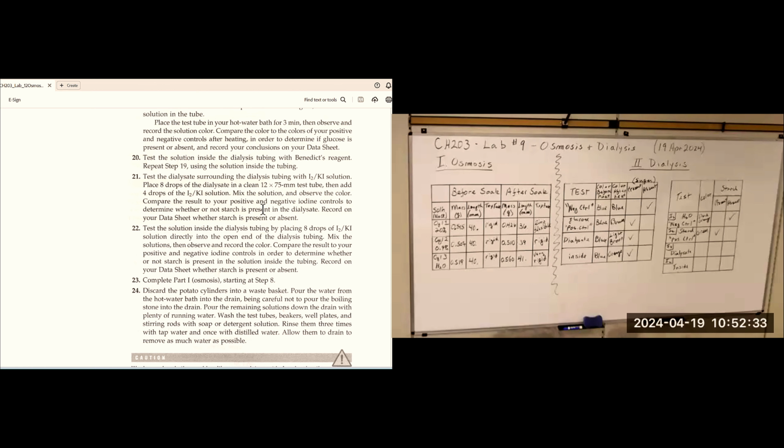Inside should still have some starch here. They both have starch. Inside the tubing, and that's outside. Outside should have no starch. Inside should show us a little starch.